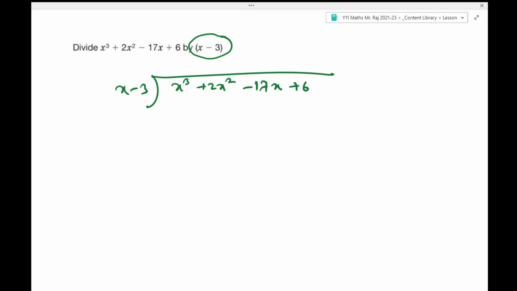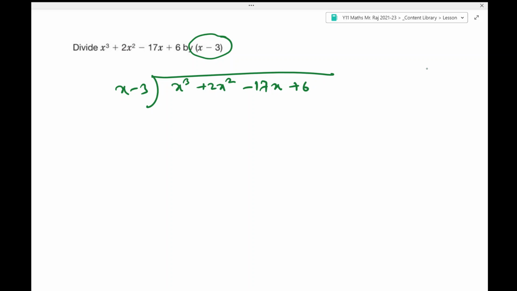Now in mathematics, the quotient is the value that you get when you divide something by something. If you have 6 divided by 2, the answer is 3. 3 is the quotient. So I need to divide it, and when I am dividing this polynomial x cubed plus 2x squared minus 17x plus 6, the one thing that I have to take care of is the x values.